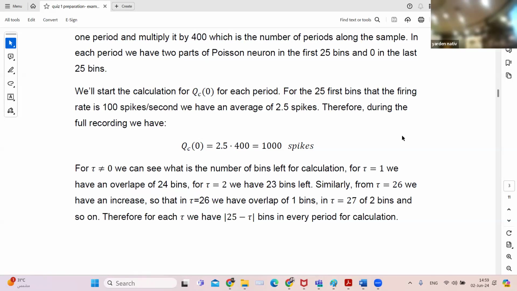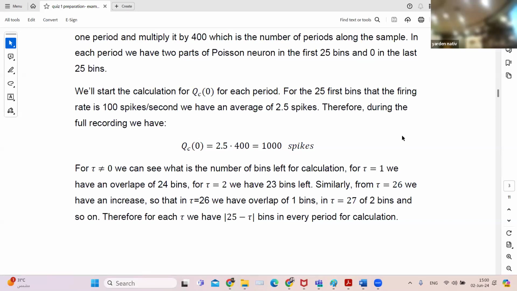What is the probability that in this specific 1 millisecond, I have a spike? It's 0.01, right? Why? Because I have here 100 spikes per second.